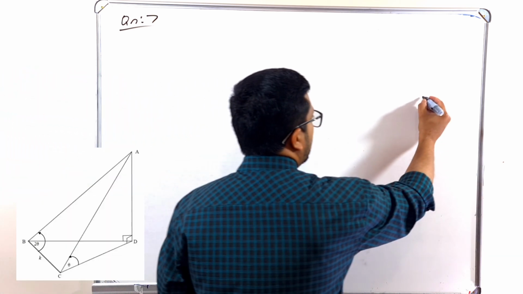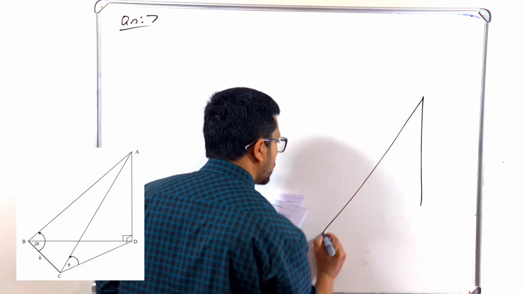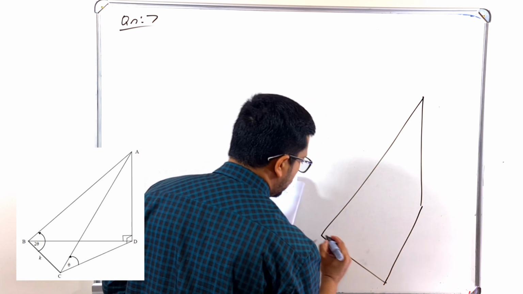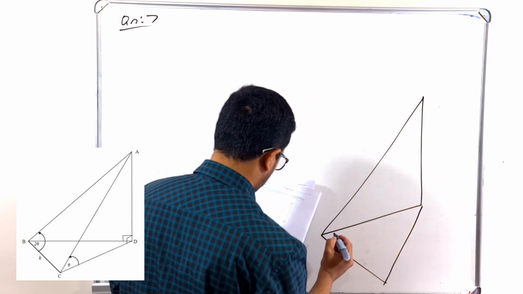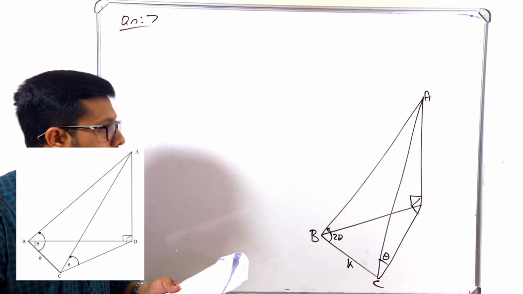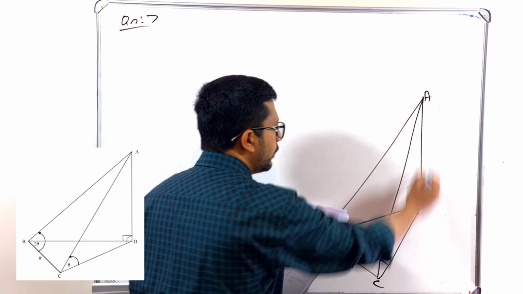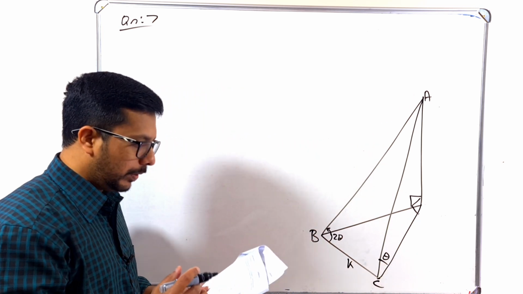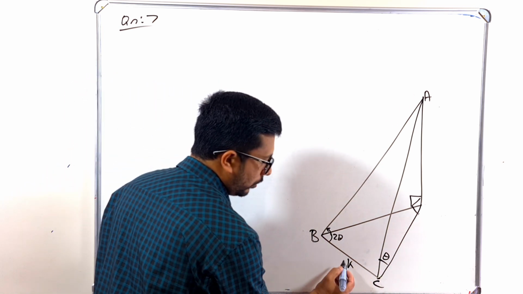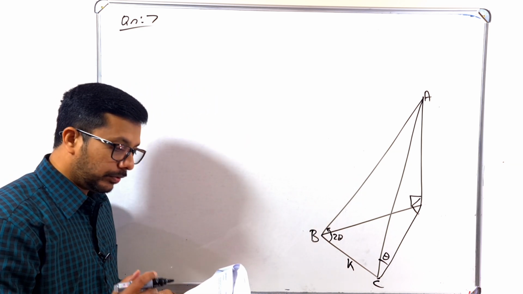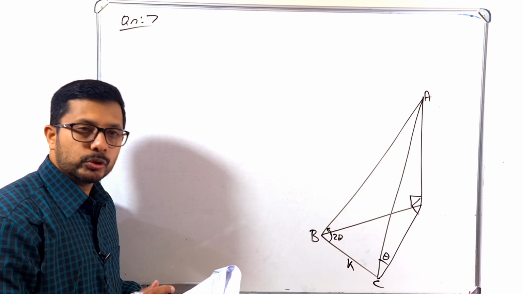So there is a vertical pole like this. Okay, so this is the given diagram. And they are saying that this AD is a vertical pole, and BC is equal to K. The length of this one is K, and one more thing, AB is equal to 2BC.